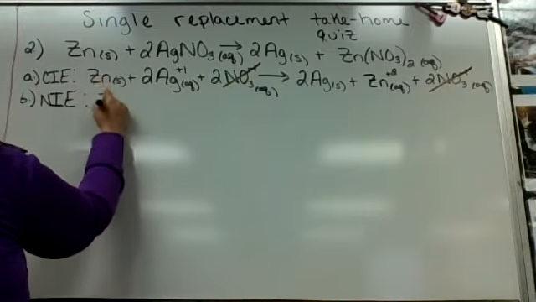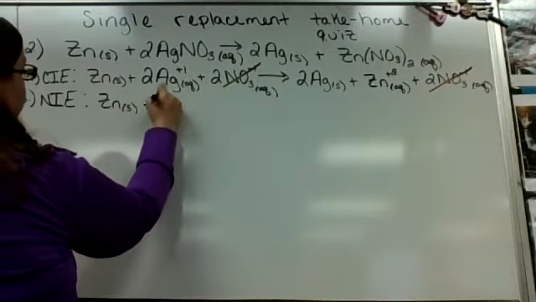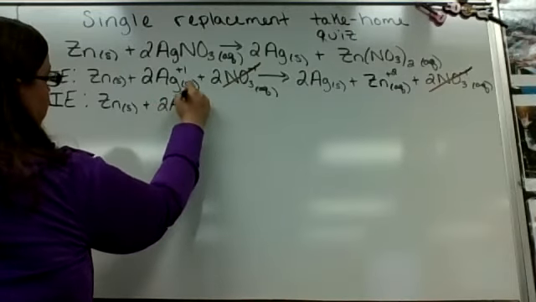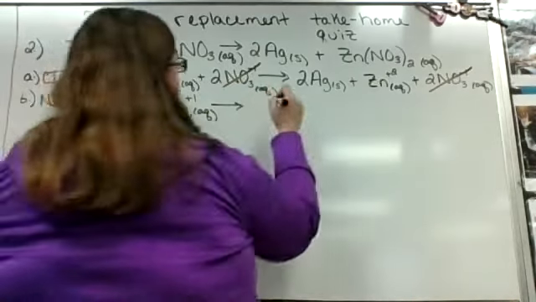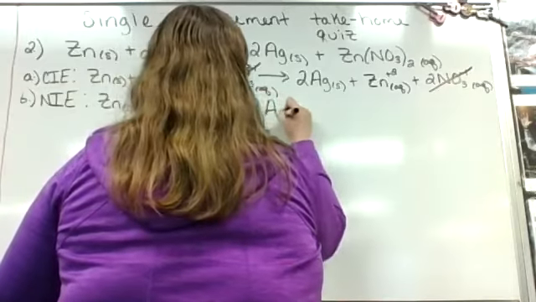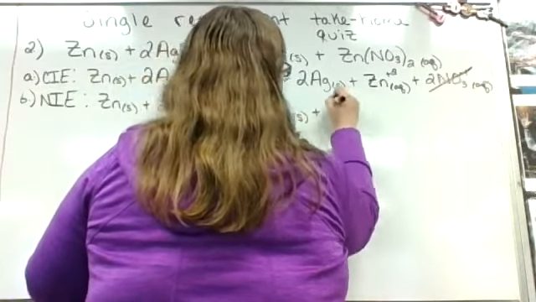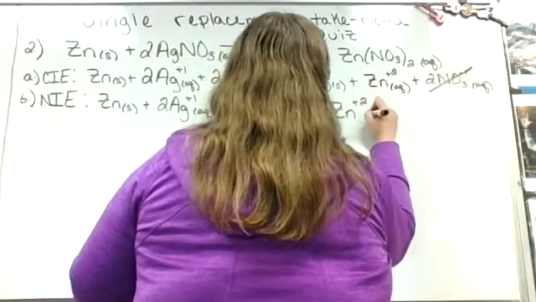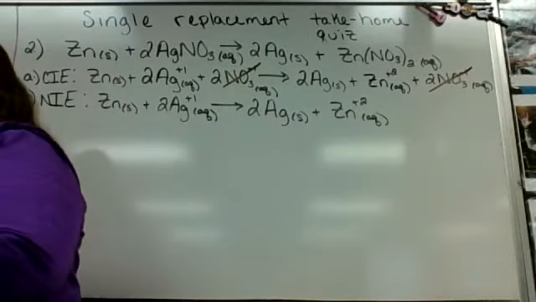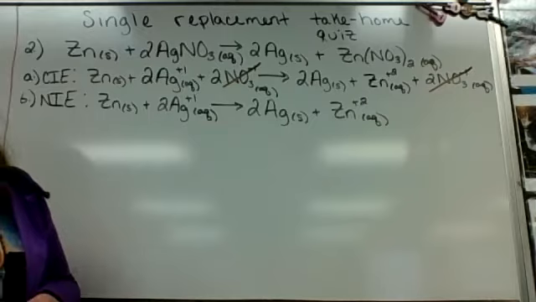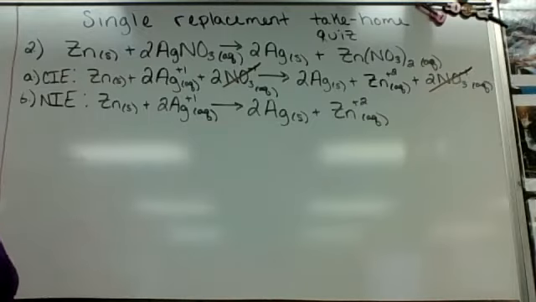So the net ionic equation is zinc solid plus the silver cation, 2 silver cations, aqueous, yields 2 silver atoms, neutral atoms, solid, plus the zinc ion, cation, aqueous. Questions over that one? Okay.